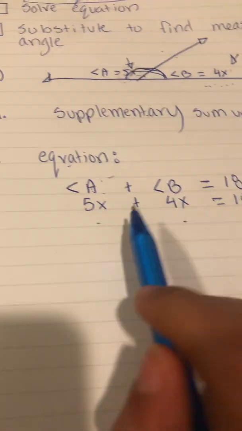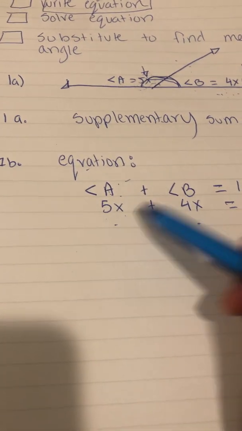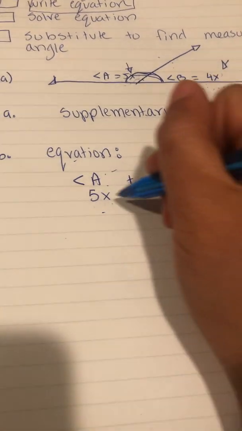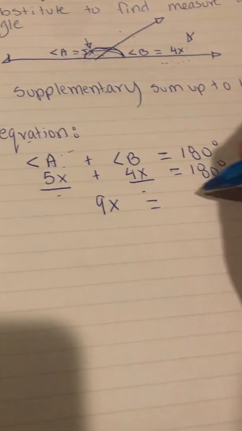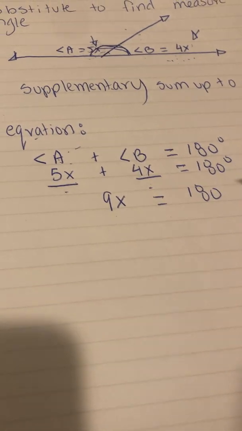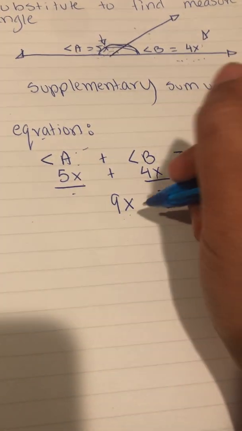And now we're going to figure out what x equals so that I know what 5 times x is and what 4 times x is. So the first thing is we're going to combine like terms. And I get 9x equals 180 degrees. Now I want to know, well, what times 9 gives me 180?